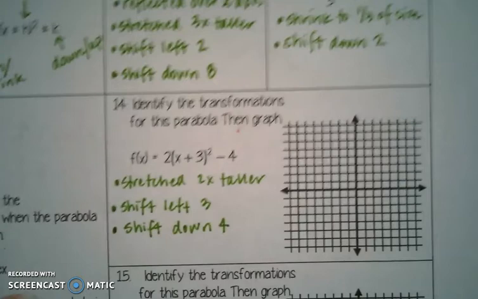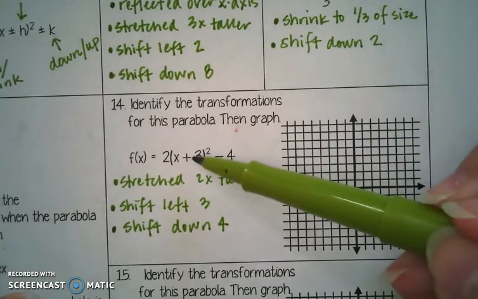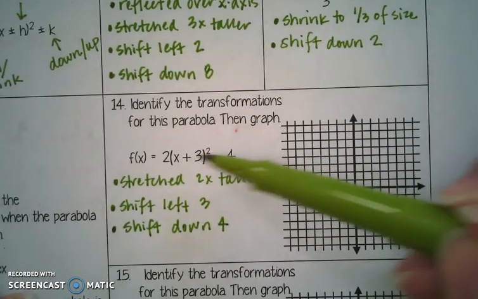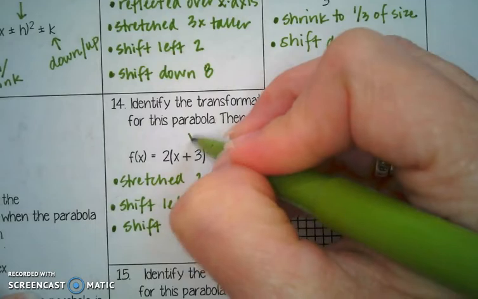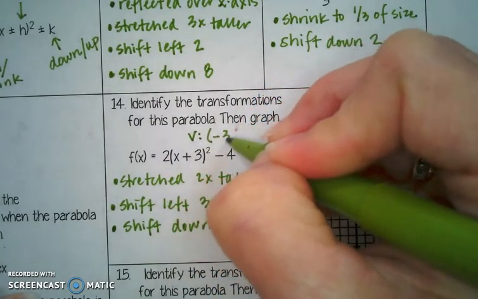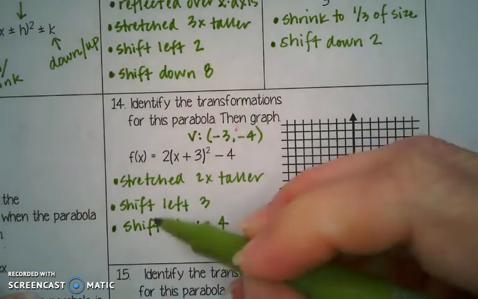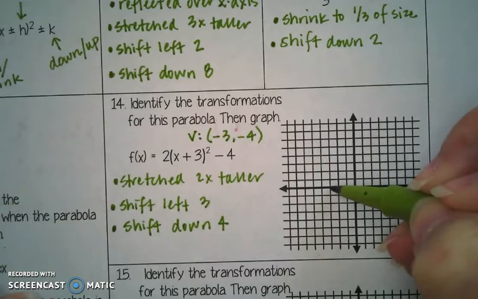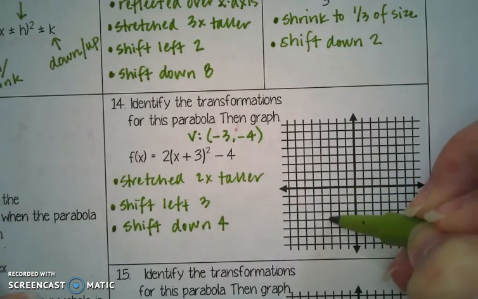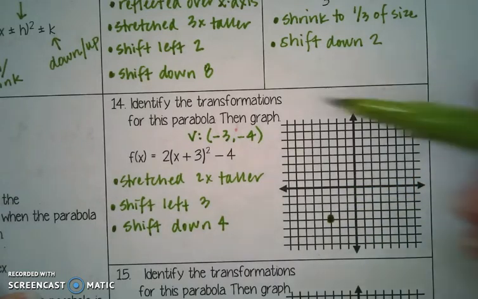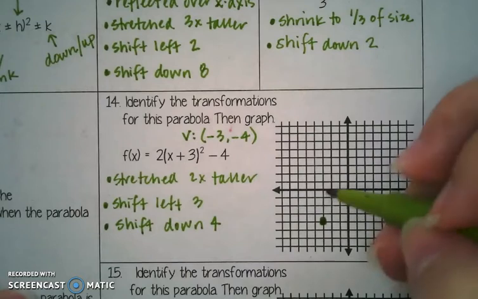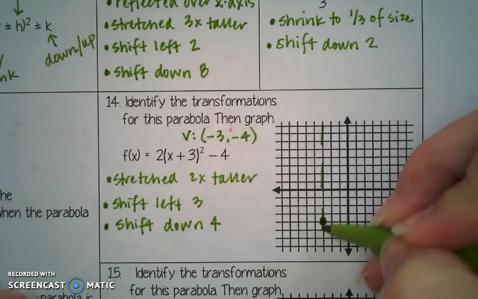All right, so we also know that when we look at this in vertex form, we know that the vertex right here is going to be -3, -4. And that's our shift left 3 and down 4. So here's our vertex. And then it's going to be stretch 2 times taller. So we have our axis of symmetry right here.